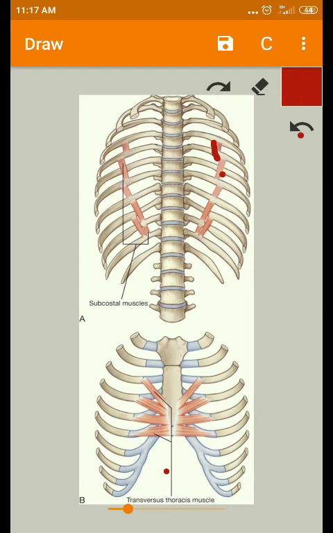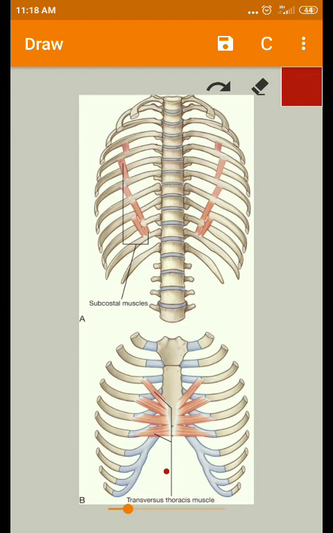It stretches from the inner surface of one rib near the angle to the inner surface of the second rib or the third rib below. So it may attach to the inner surface of the adjacent rib, or not the adjacent one, it may attach to the next rib.